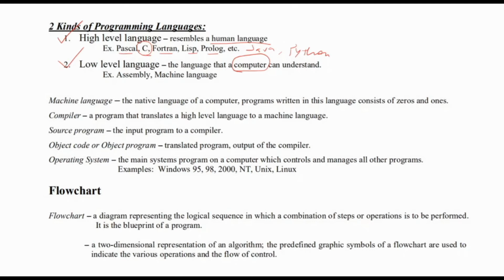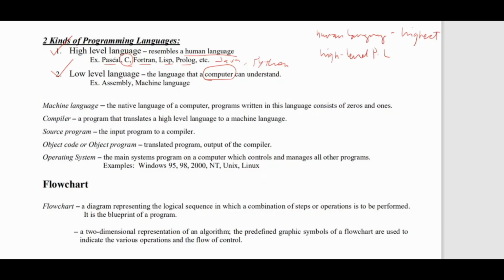So if we're going to write in here the levels of the programming languages, we consider the human language as the highest, and high-level languages are somewhere here, which are like Pascal, C, Fortran, Lisp, Prolog, Java, Python, and many others. They are somewhere here in the hierarchy. And then the low-level languages are somewhere here.